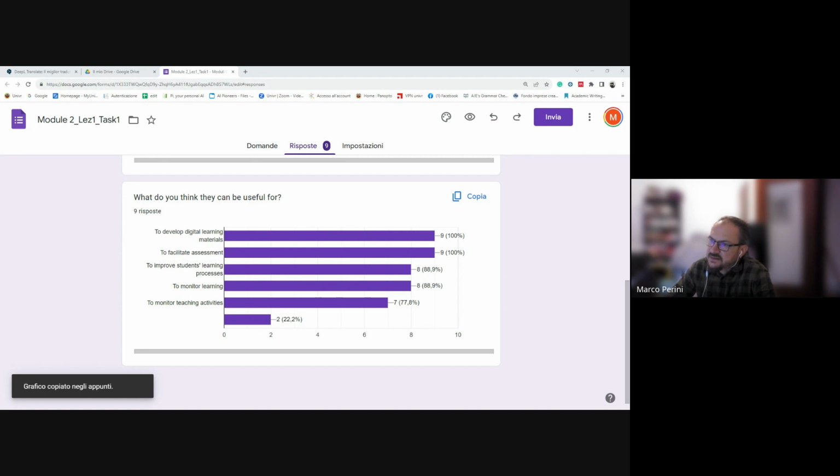But this doesn't mean that these methodologies are not good and you have not to implement them during your lesson. This means that you have to reflect and balance the methodology that you use.